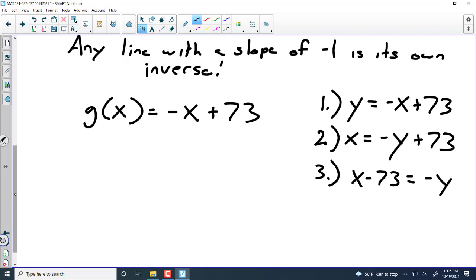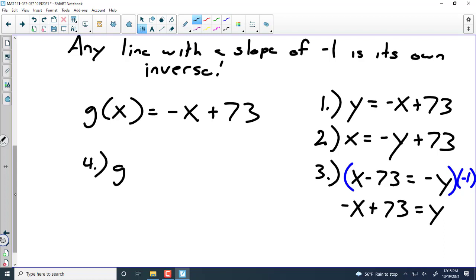I have to multiply both sides by -1 or divide both sides by -1. So if I multiply both sides by -1, that will give me negative x plus 73 equals y. That's kind of cool.